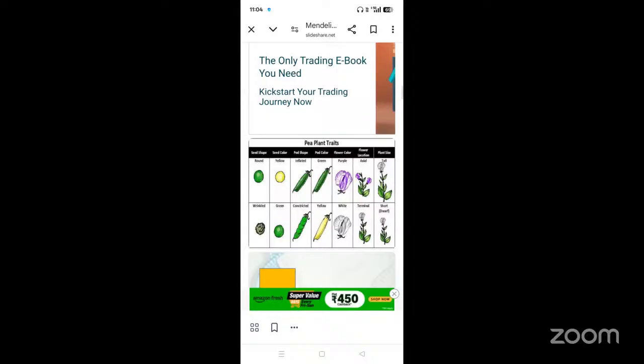Recessive epistasis gives a 9:3:4 ratio. Here the epistatic gene is recessive to its own allele, thus it can express only in the homozygous condition. Example of dominant epistasis: fruit color in summer squash. Example of recessive epistasis: coat color in maize.